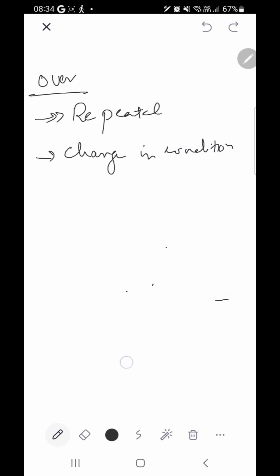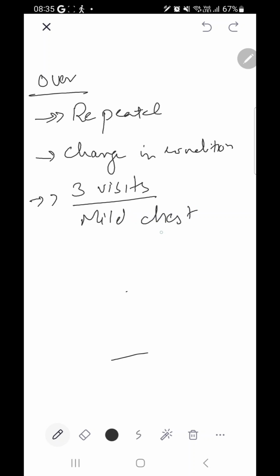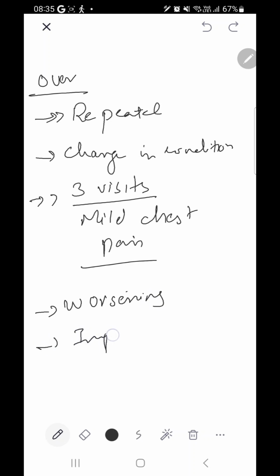So let's say repeated event means if we have three visits with mild chest pain, so it's a repeated visit. We can use for. I'll explain you how. And change in condition, either it could be worsening or it could be improvement.